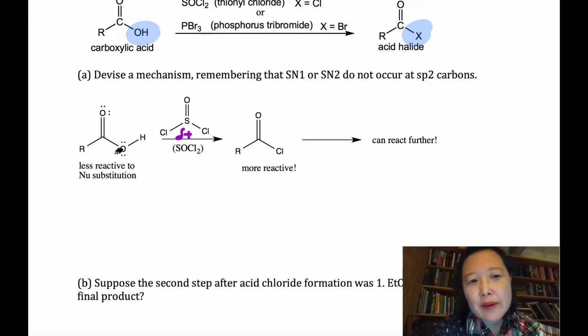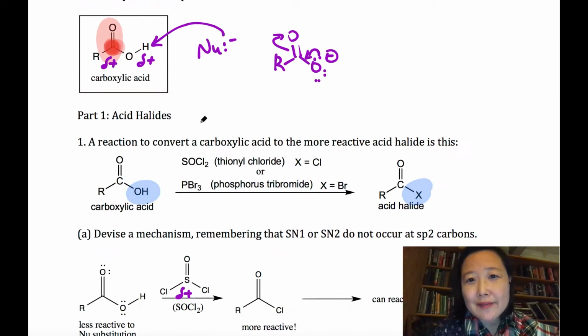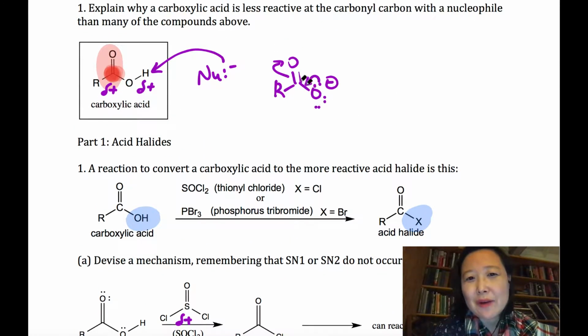So one thing you might want to think about are the resonance structures of this. If I were to ask you, which oxygen do you think is more basic, this one or this one? Do you know the answer to that? Well, actually, it turns out that it's this oxygen up here, and that's because of the resonance structure I was showing you up here, where these electrons are actually delocalized, and you can have a negative charge up here.